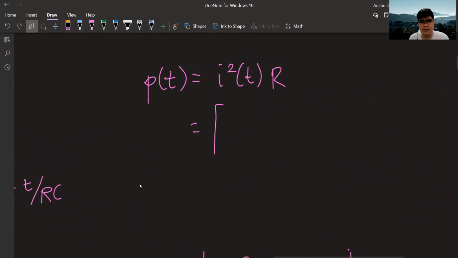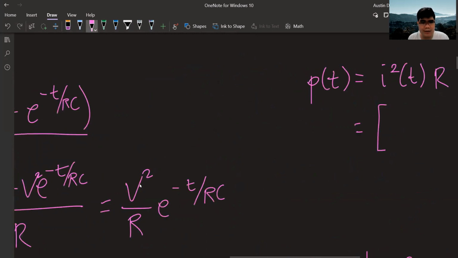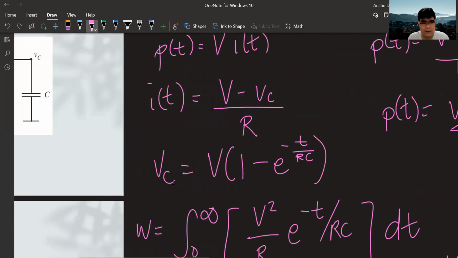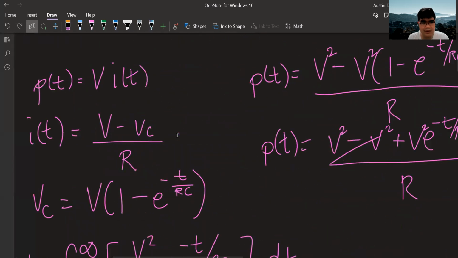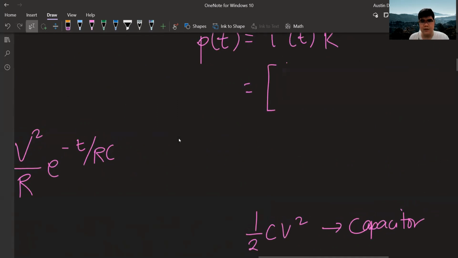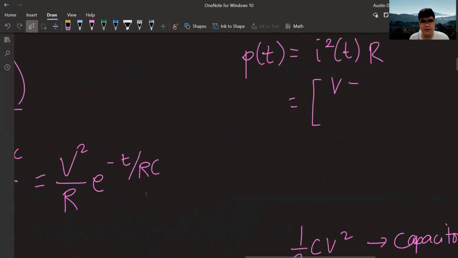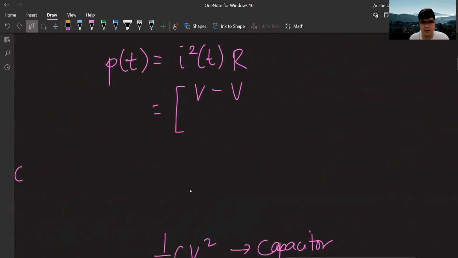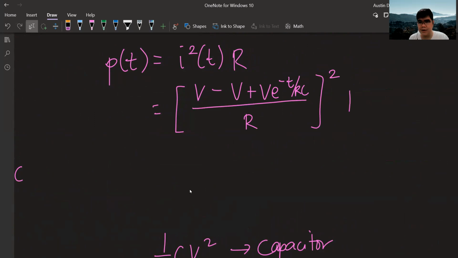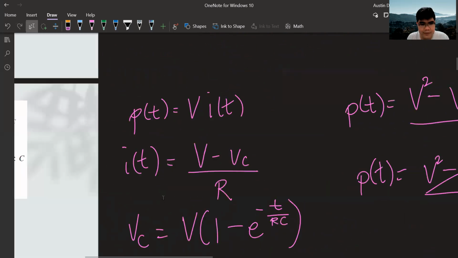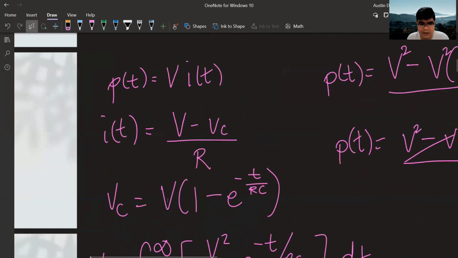Let's try to write things down first so we don't make mistakes again. V minus VC over R. V minus, the VC we plug in directly, which is V, times e raised to negative t over RC. Distribute it to make it easier: R squared minus R. Okay? So nothing wrong, right? We just distribute.